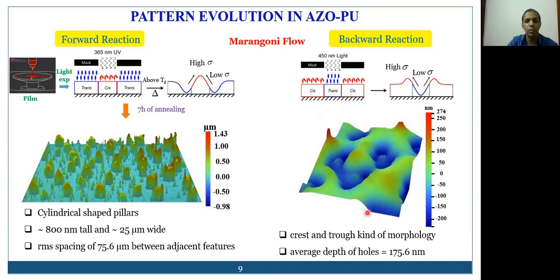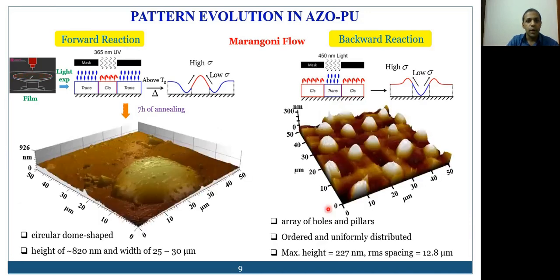There are other flow contributions like viscosity gradient driven flow and mass migration that can happen at smaller length scales. So this is how one such pillar looks. It's a circular dome shaped morphology. And with the backward reaction, you get an array of holes and pillars which are ordered and uniformly distributed.